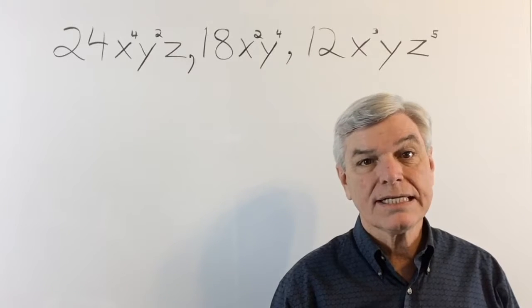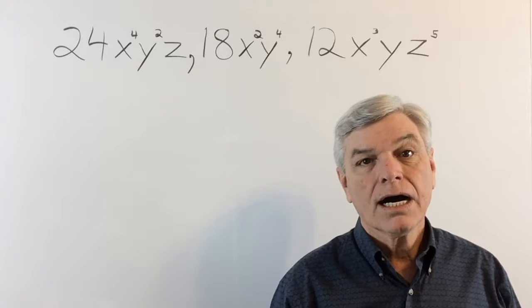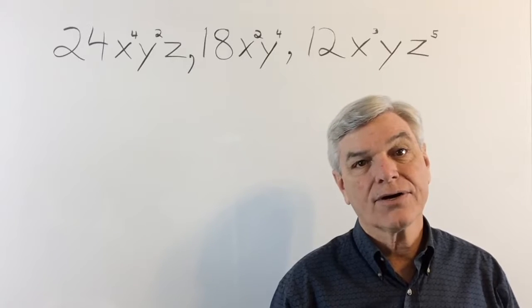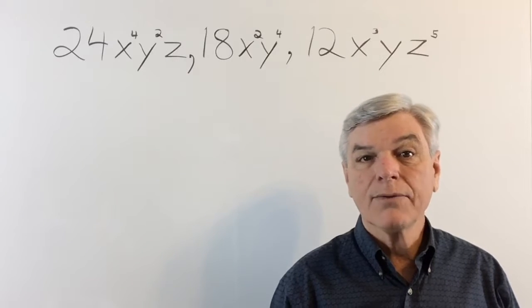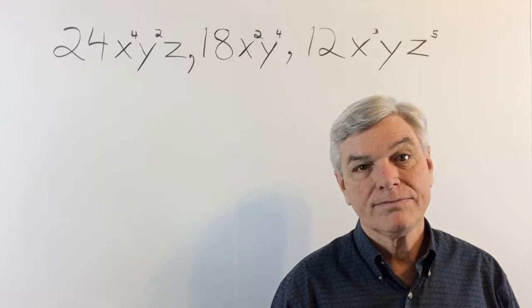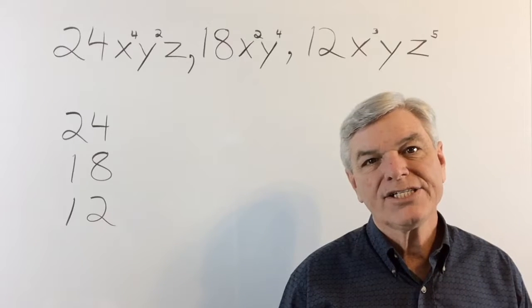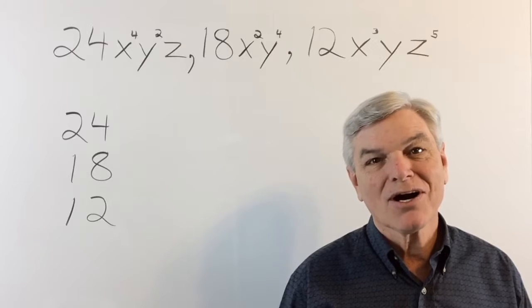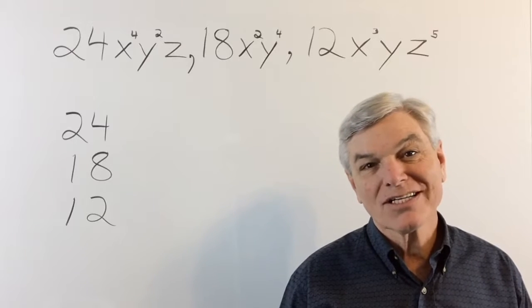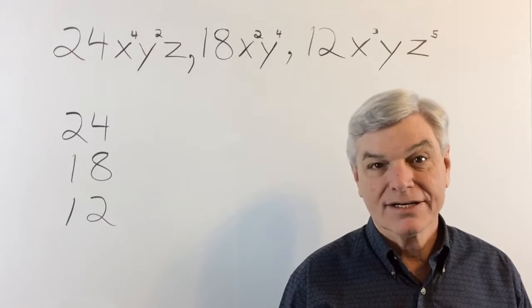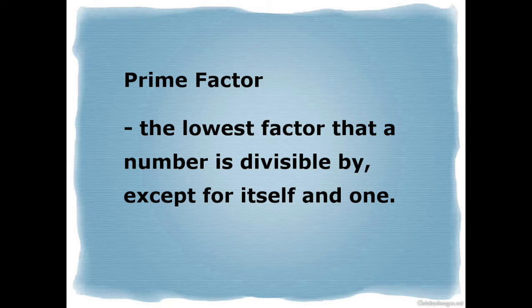Now, if you don't see that, that's fine. I showed you how to do that in an earlier lesson, and guess what? I'm going to repeat that right now. Now we're going to divide each of these numbers up into their smallest parts. Now their smallest parts are called prime factors. A prime factor is the lowest factor that a number is divisible by except for itself and 1.